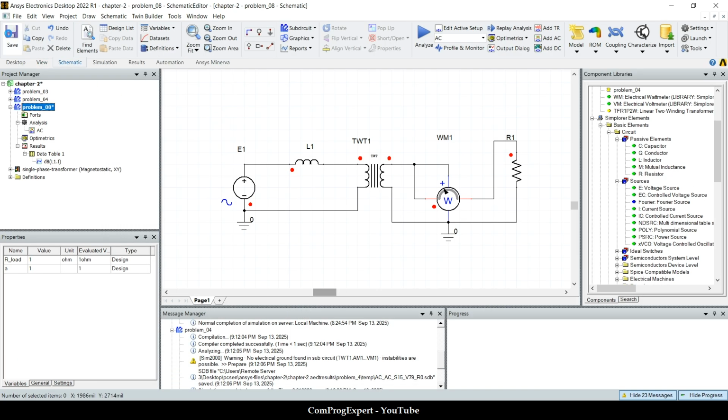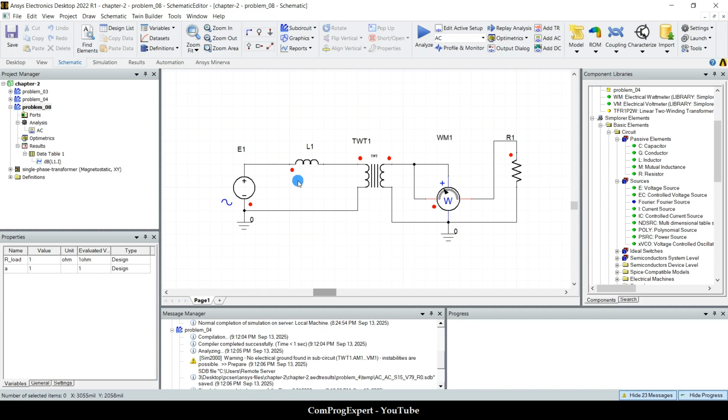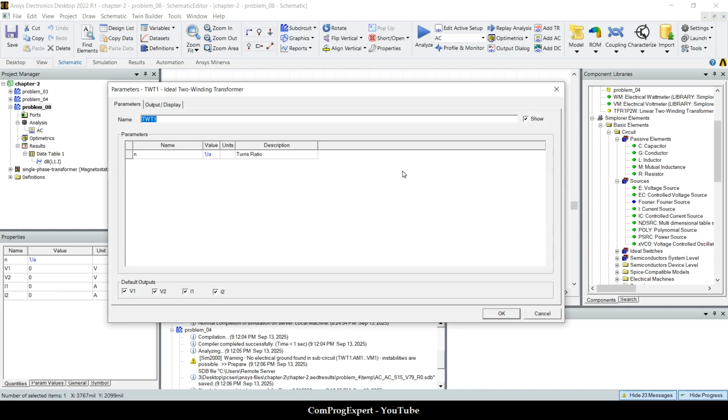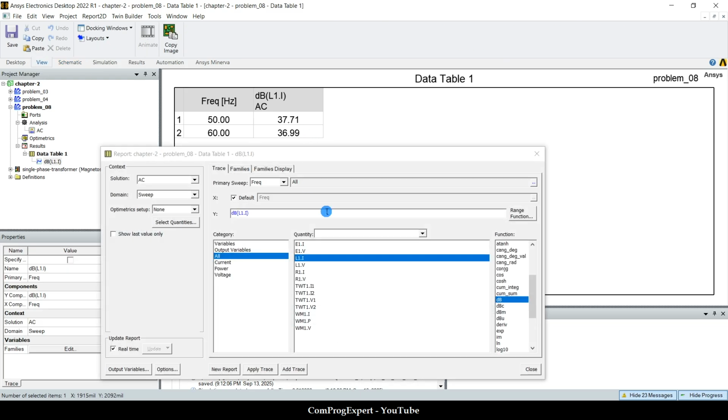Let's check the values. When the value of R is equal to 1, the turns ratio will be equal to 1. So here, when we set the value of A equal to 1, this is the load, and this is the value of the current.